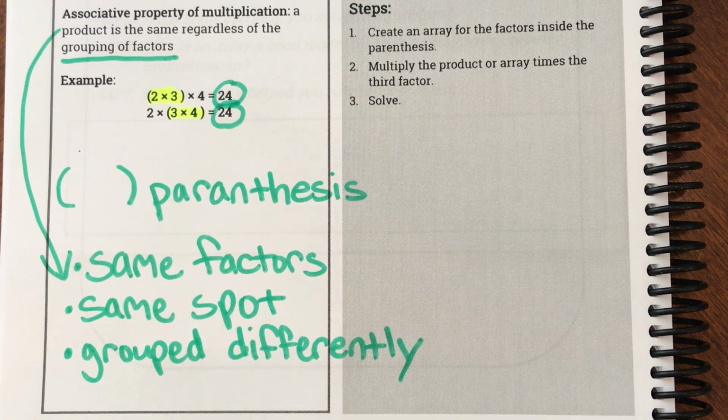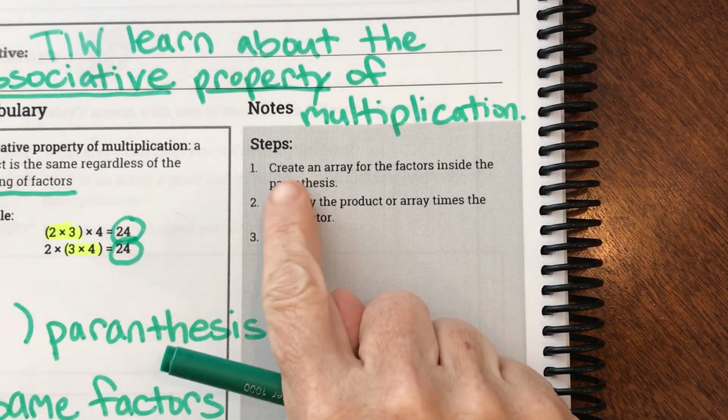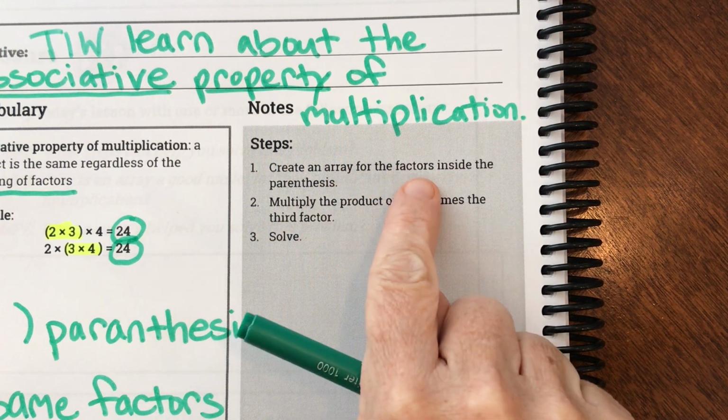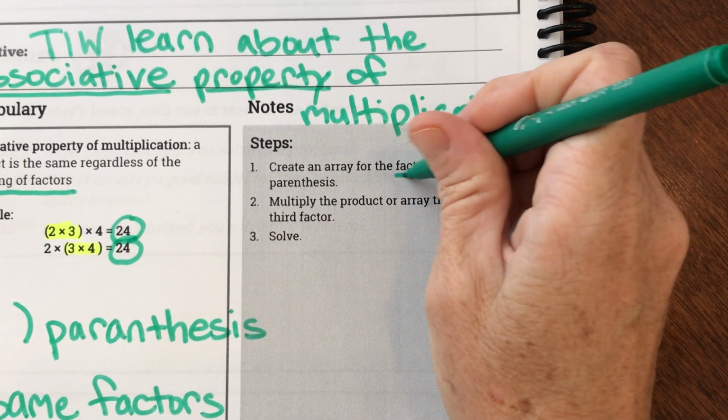Okay, now again, this one's going to be a little tricky because we have not done 3 factors yet. So you're going to see what this looks like. Okay, let's look at our steps. They're really good, and I'm going to follow them closely. So it says we're going to create an array for the factors inside the parentheses. So that's what I'm doing first.